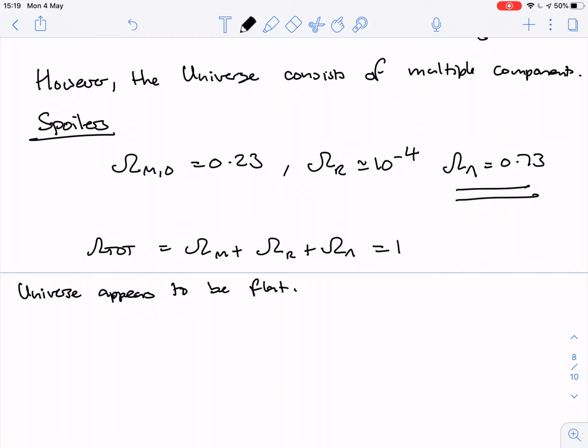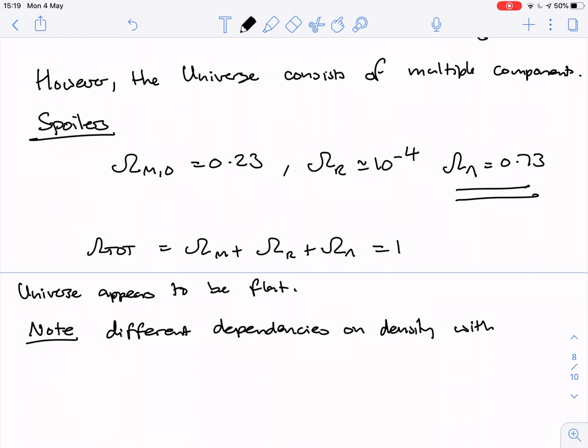So the fact that now, for example, radiation is much less important than matter doesn't mean that that was always the case.